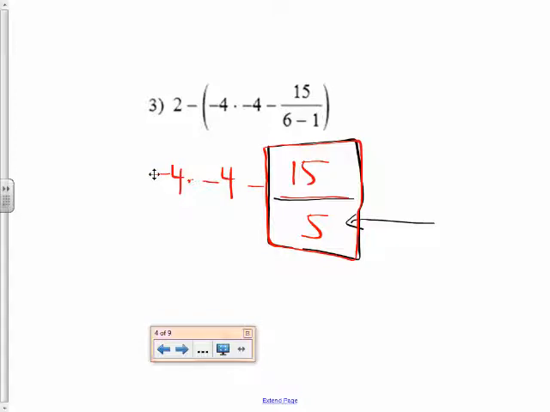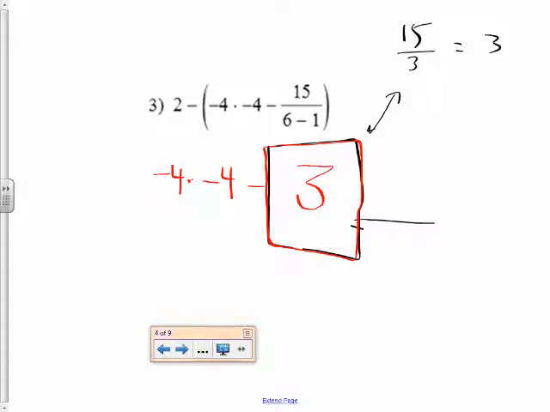What's the shortcut I see? What's 15 divided by 3? That's what's inside this box, isn't it? That's the same thing as 3. So I'm going to put that in there.